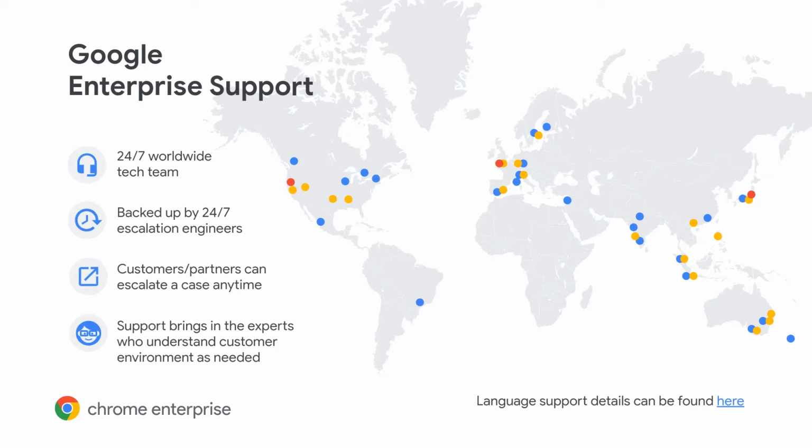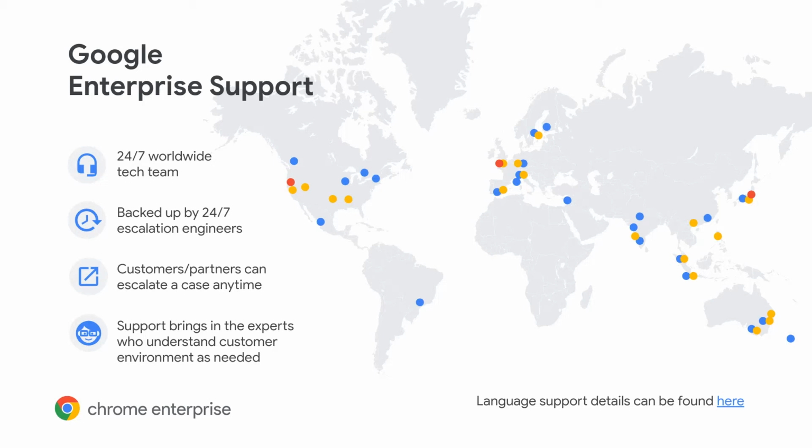Contacting support. So the Google Enterprise Support consists of a tech team who is available 24 hours per day, 7 days per week, worldwide, and is also backed by a team of escalations engineers who are also available 24/7.